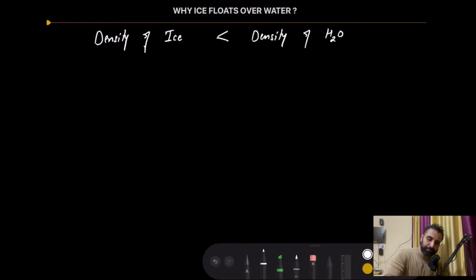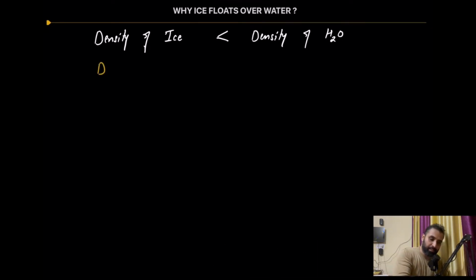Now, the exact value of density of ice is 0.9 grams per centimeter cube, and that of density of water is 1 gram per centimeter cube.